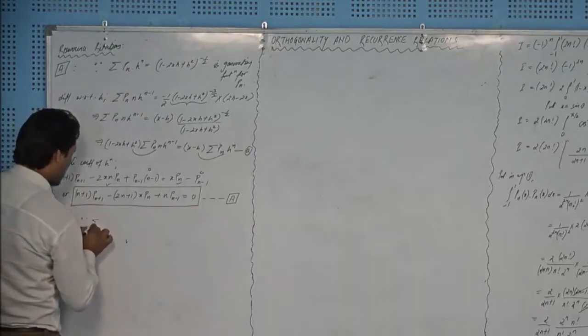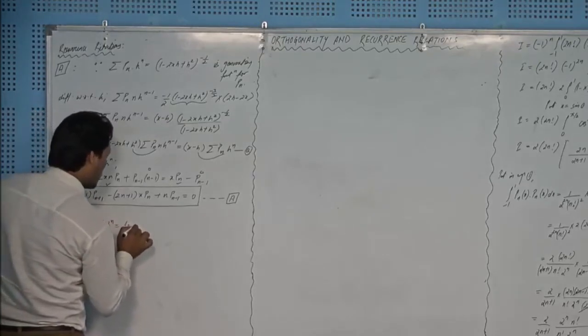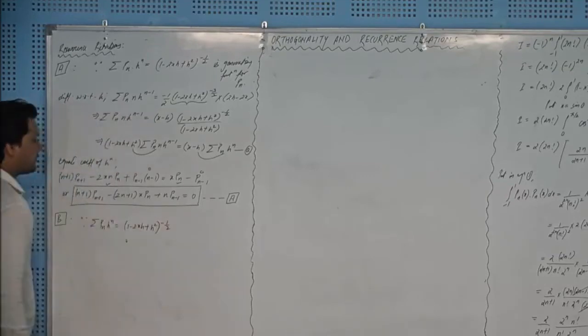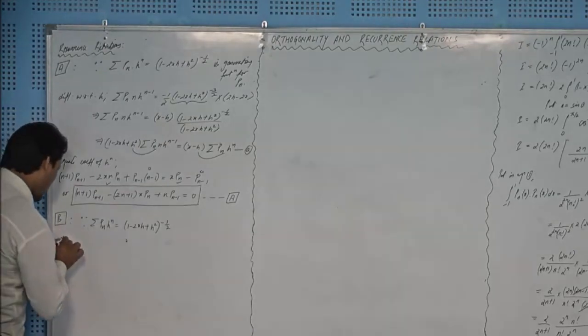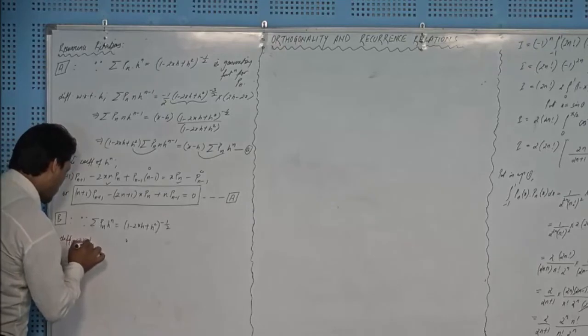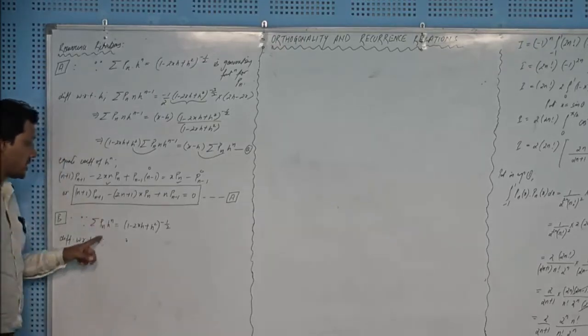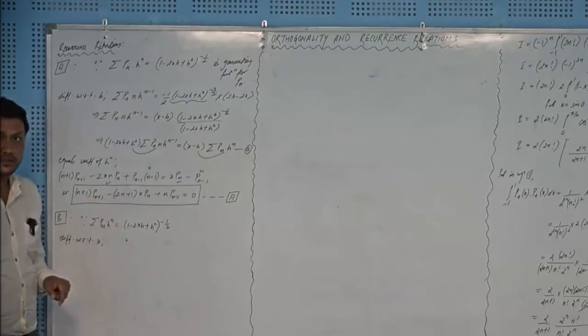Since summation Pn h to the power n equals (1 - 2xh + h^2) to the power minus half, right? Now this time I will differentiate it with respect to x. Remember that Pn is a function of x, and I have skipped writing that x in brackets.